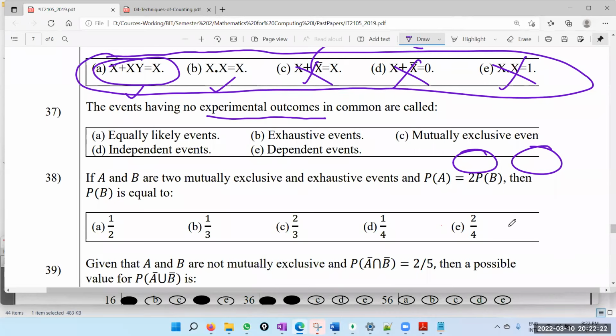What are the three terms we use? Event, outcome, experiment, right? Both the events cannot happen at the same time, right? So that is mutually exclusive. Equally likely events, no, I don't think that is common.